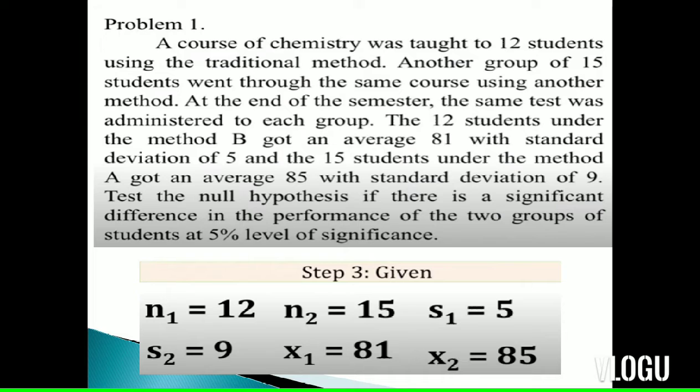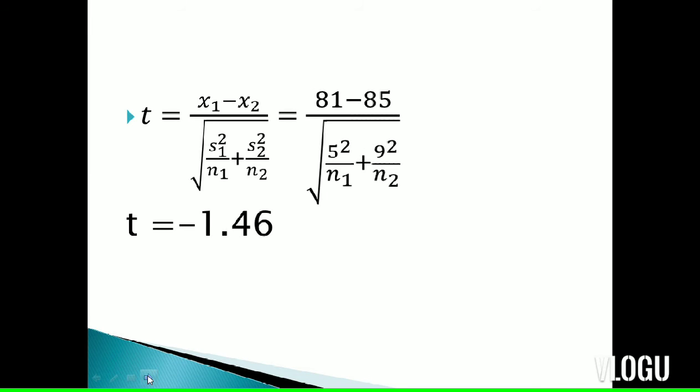For step 3, given we have n sub 1 which is 12 students and n sub 2 which is 15 students, and standard deviation of method B is 5 and standard deviation of method A is 9, and the mean of method B is 81 and the mean of method A is 85. x sub 1 is the mean of method B and x sub 2 is the mean of method A. So we use this formula, t equals x sub 1 minus x sub 2.